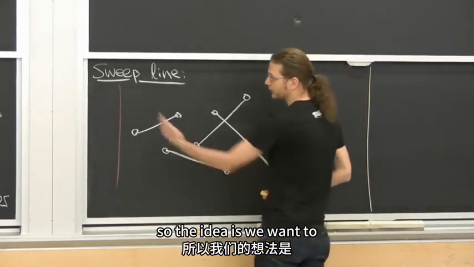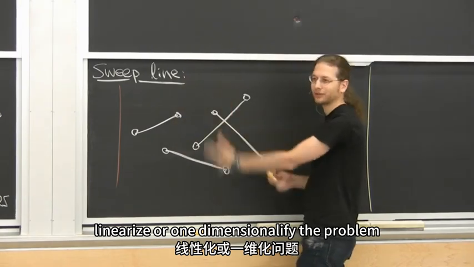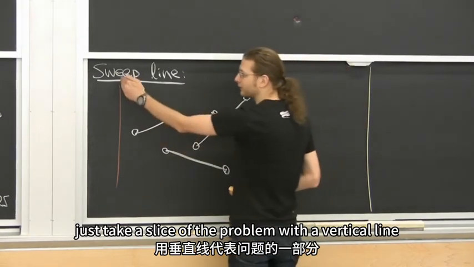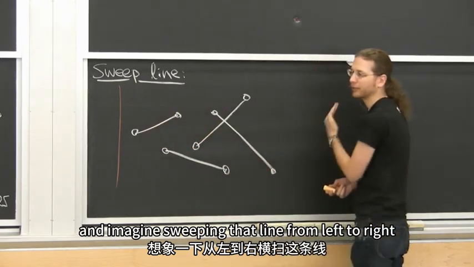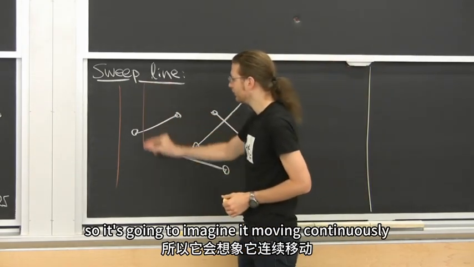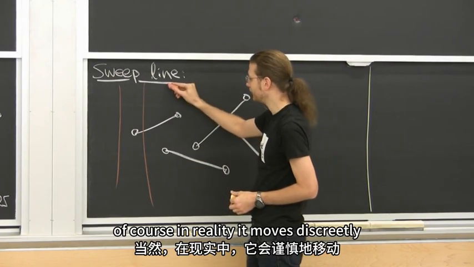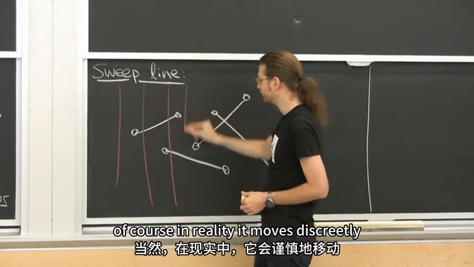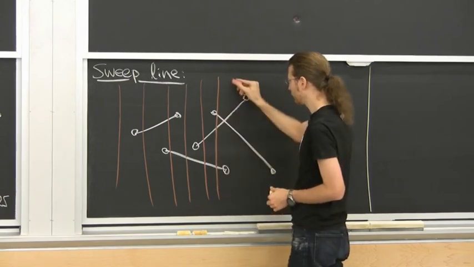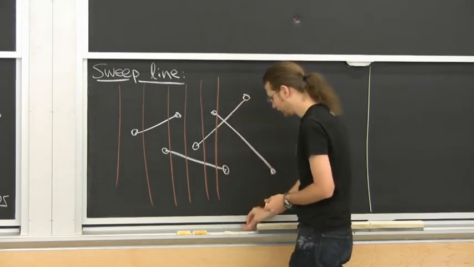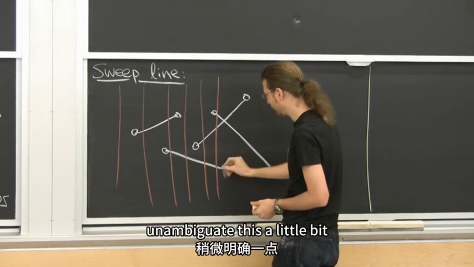So the idea is we want to linearize, or one-dimensionalify, the problem. So just take a slice of the problem with a vertical line and imagine sweeping that line from left to right. You imagine it moving continuously. Of course, in reality, it moves discretely. Let me unambiguate this a little bit.